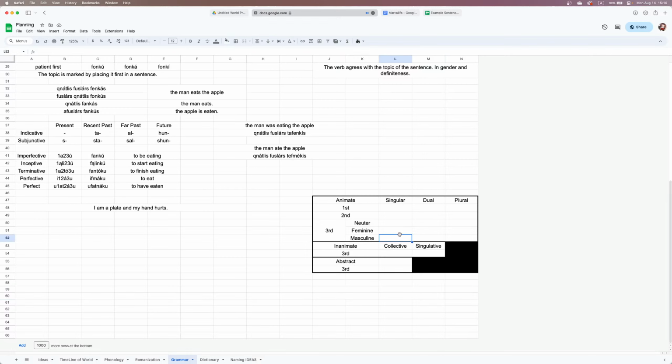But I think I'm going to continue that trend and have the personal pronouns have only the subject form as an independent word, and then all of the other forms are clitics. So I still have to think up actual words to use, sadly enough.